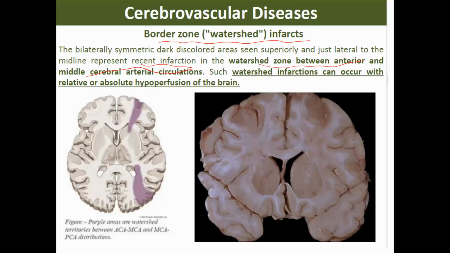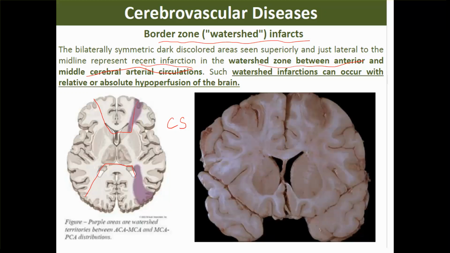So you can see in this section, this is a cross section or a transverse section. Let us understand, this will be the area of the anterior cerebral artery.